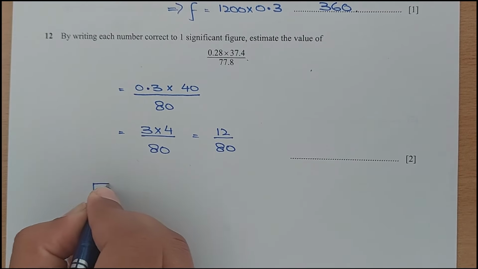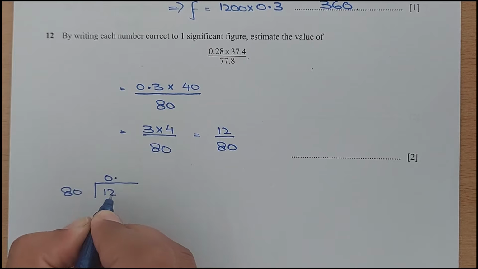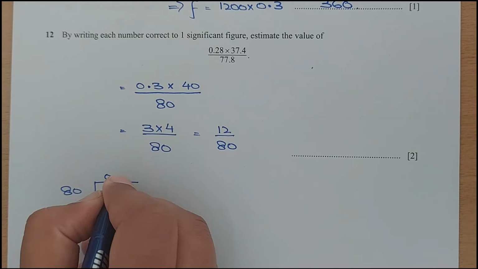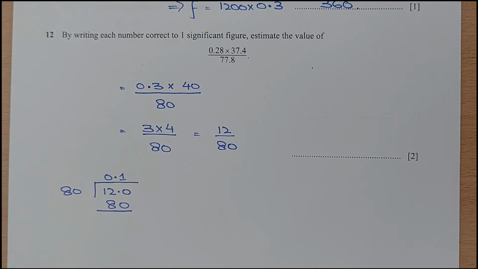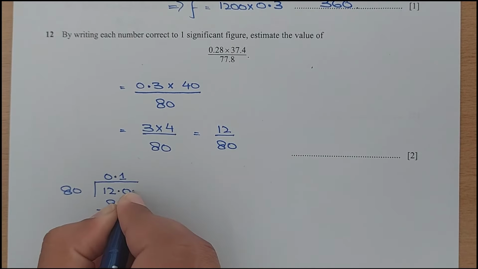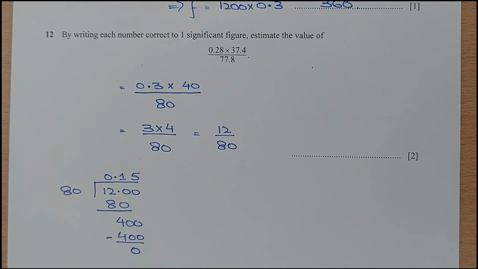Let's do the division. 80 is outside and 12 is inside. 80 times 1 is 80. We have a decimal, 0, and 0. So 120, subtract 80, and we have 40. Another 0 down, and we know that 8 times 5 is 40. So for 5, we have 400. Yes. So the answer is 0.15.